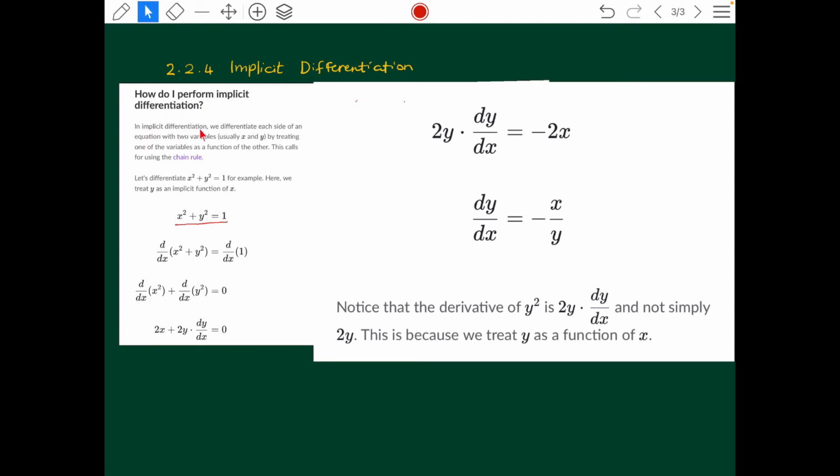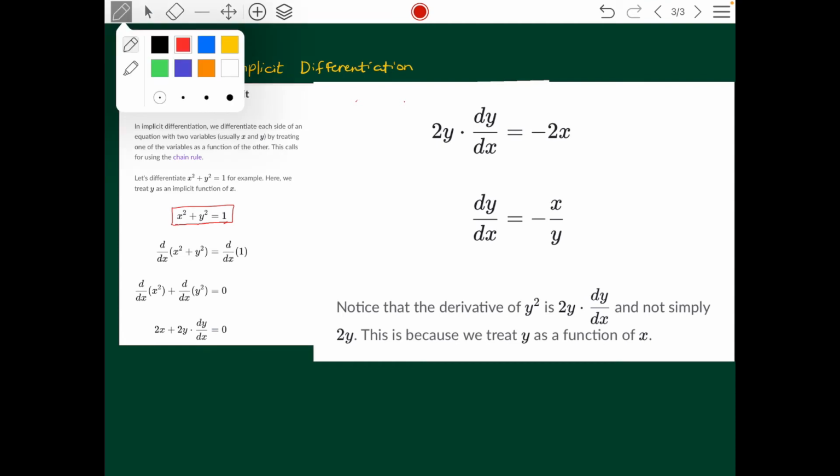In implicit differentiation, we can differentiate each side of an equation with two variables, treating one of the variables as a function of the other. So this calls for using the chain rule. We already learned the chain rule, so let's proceed with this example so that your understanding of this technique is much better.